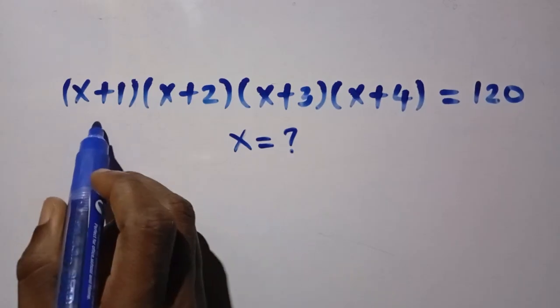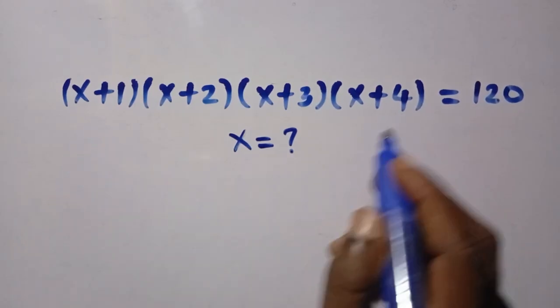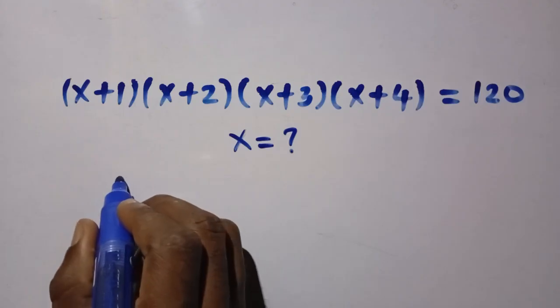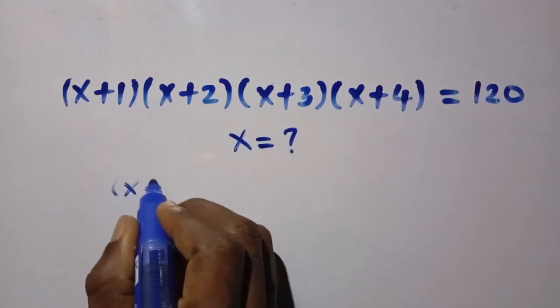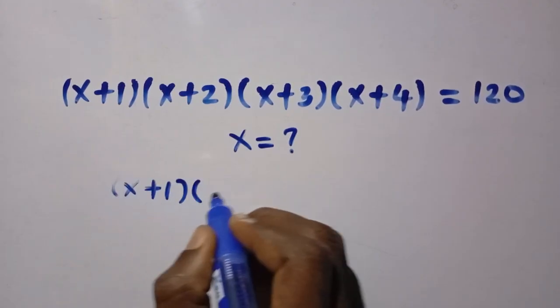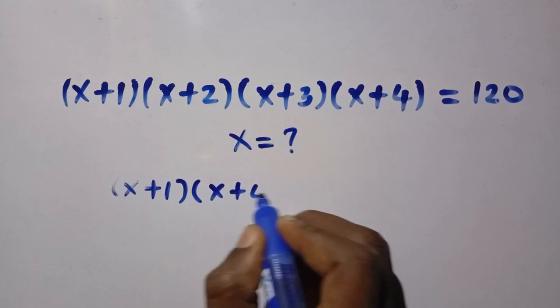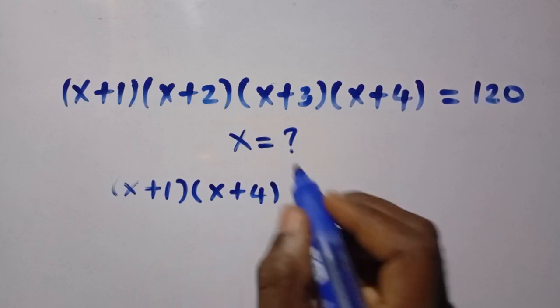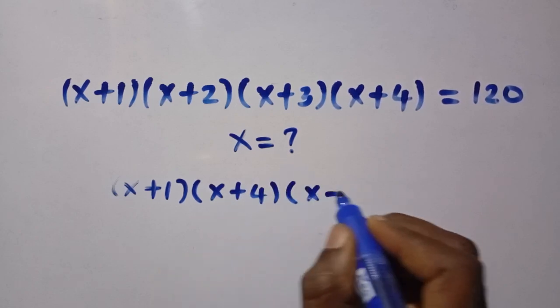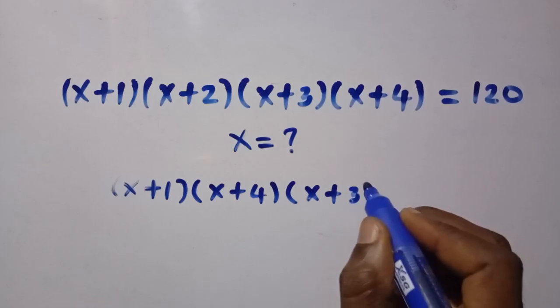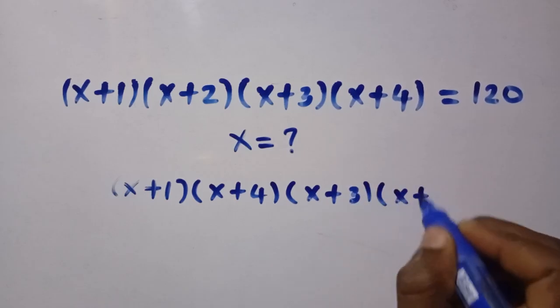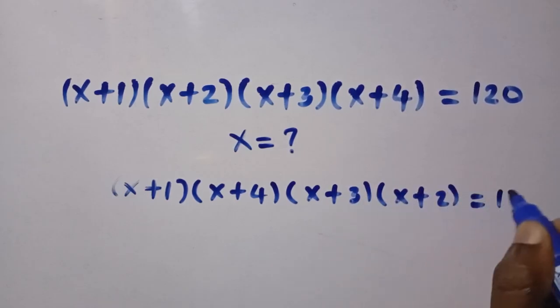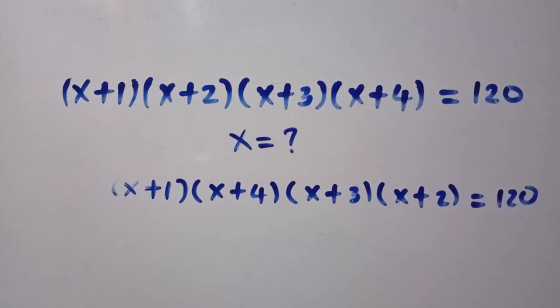So here, let's multiply x plus 1 with x plus 4. We have this as (x+1)(x+4), and also we multiply x plus 3 with x plus 2, and this equals 120.